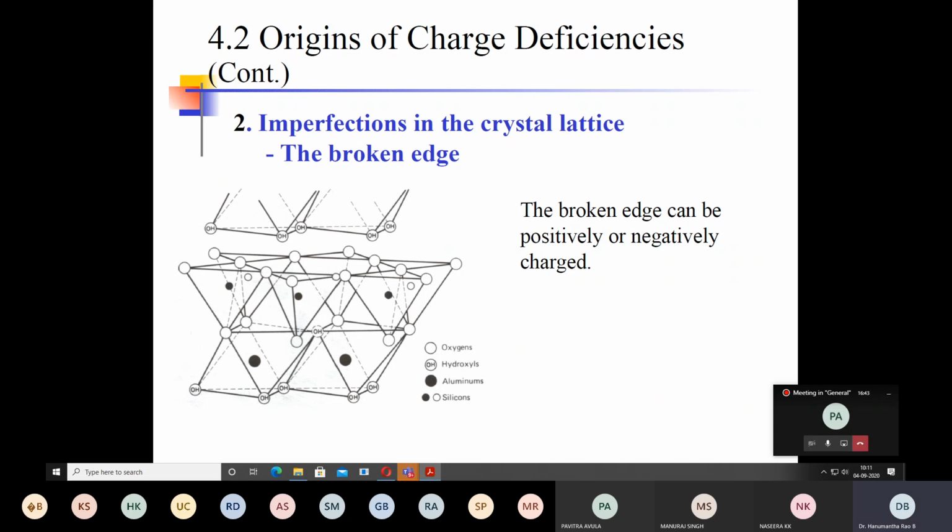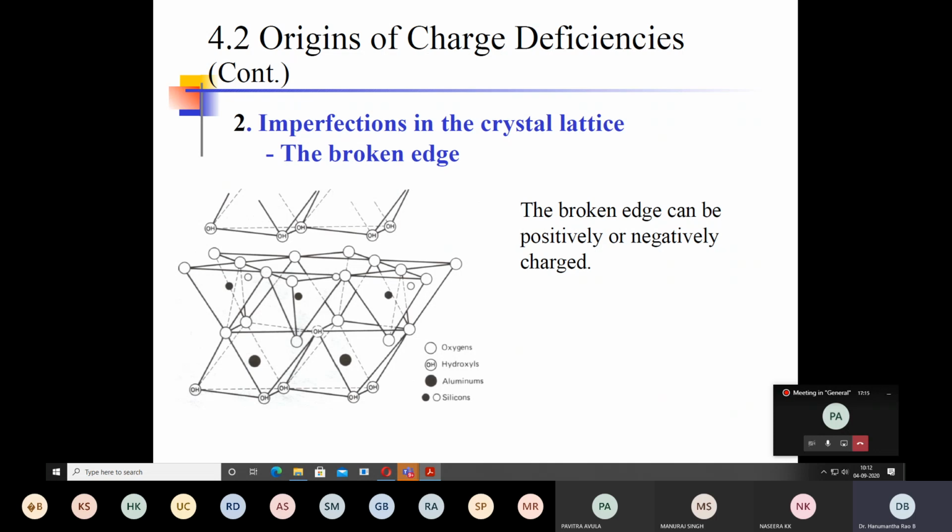One simple illustration I can give you: you might have seen, or played with in your childhood, or can even try at home. If you break any plastic material, the broken edges attract some water or dust particles for some time, not permanent. That is basically due to this charge deficiency.